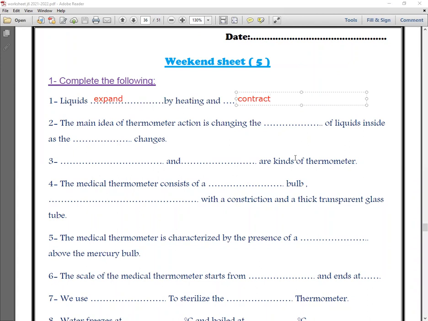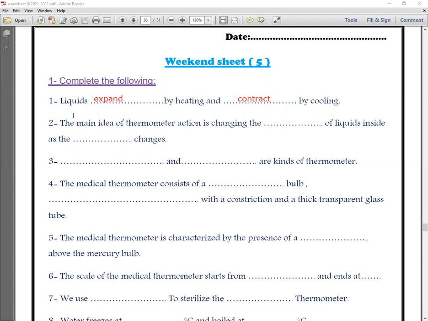Expand, Junior 6, means its volume increases. By heating, the volume of the liquids increases, so they get bigger. But by cooling, their volume contracts, which means their volume gets smaller or decreases.